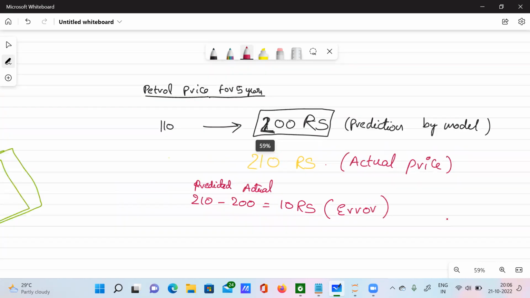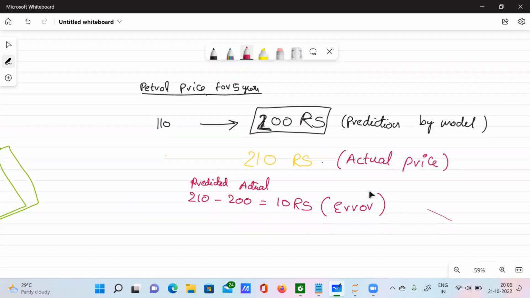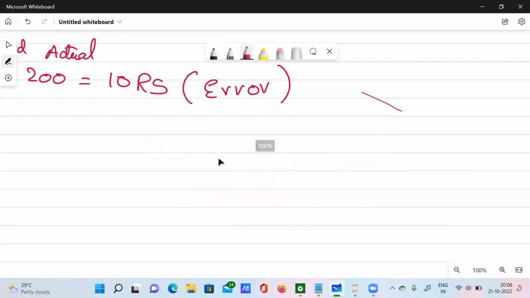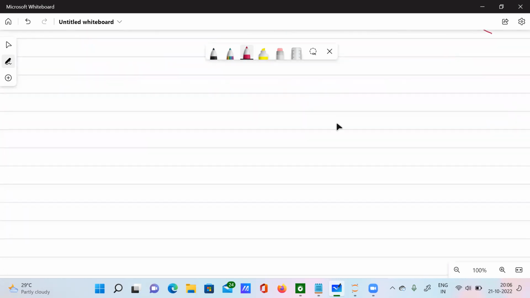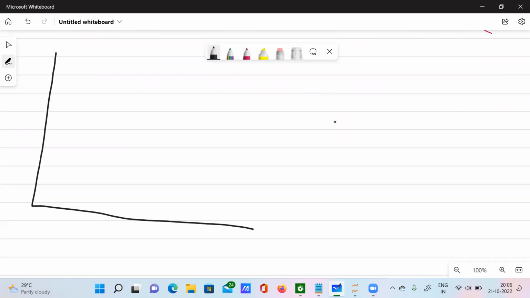I can also give you an example based on some kind of chart here. For example, this is the 5-year period, and this is the 10-year period.